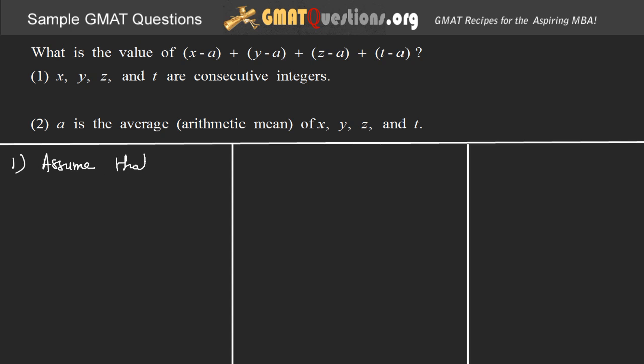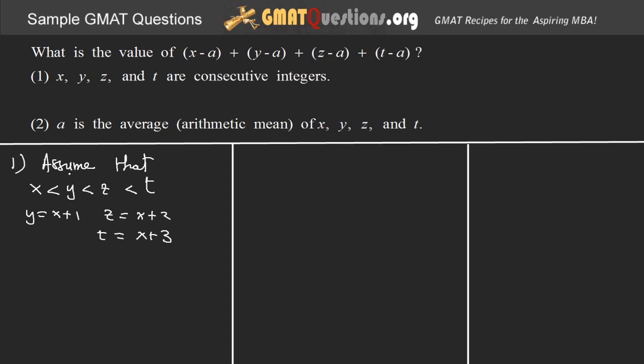Obviously we cannot assume anything, but I just want to show you that this may not be enough. And they are consecutive, okay? In that case, y is equal to x plus 1, z would be equal to x plus 2, and t would be equal to x plus 3 because they are consecutive.